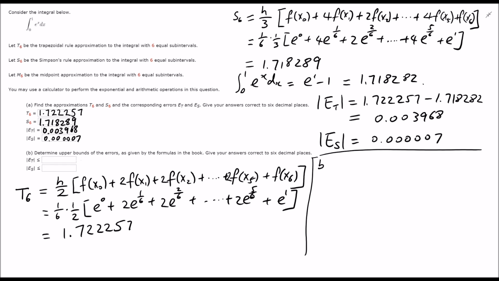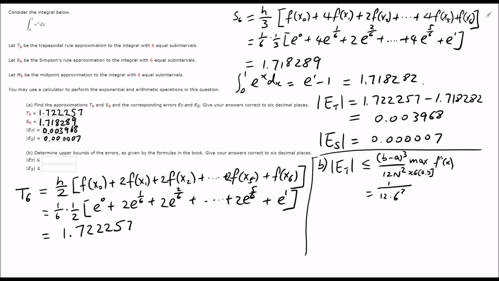For the second part of the question, it asks us to find the error bound as given by the textbook. The error bound of the trapezium rule can be expressed as (b minus a) to the power 3 divided by 12 times n squared, times the maximum over the interval of the second derivative of function f.